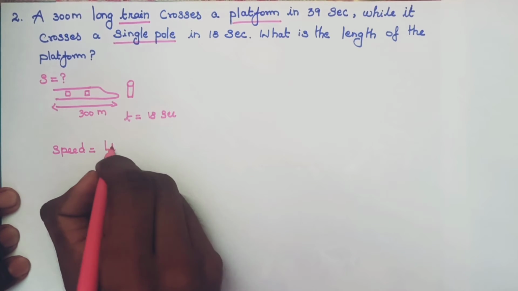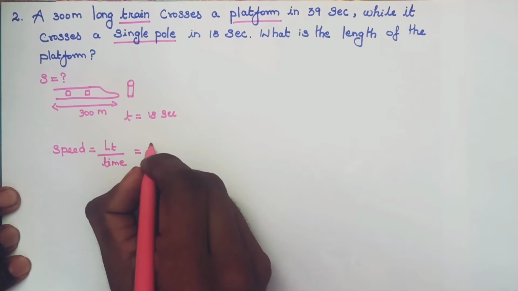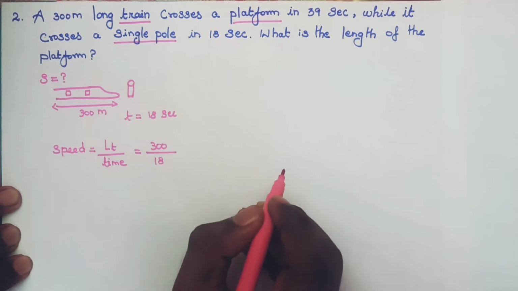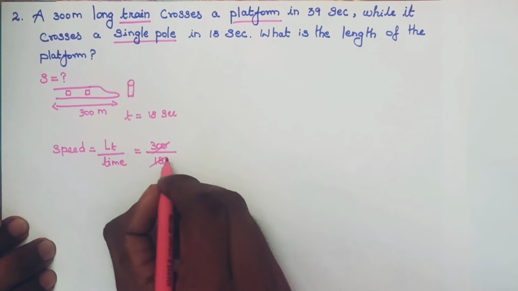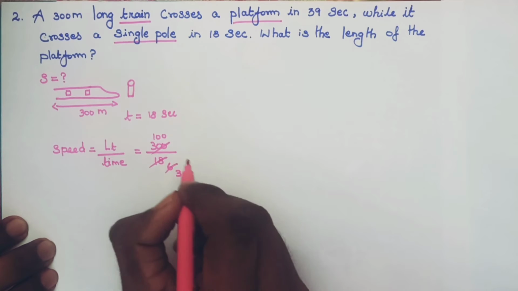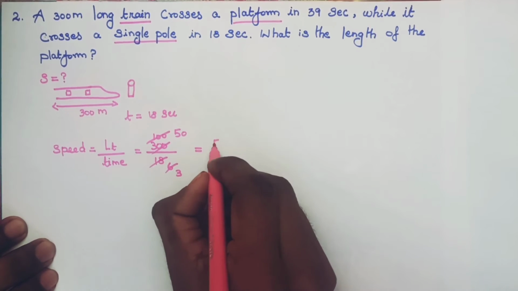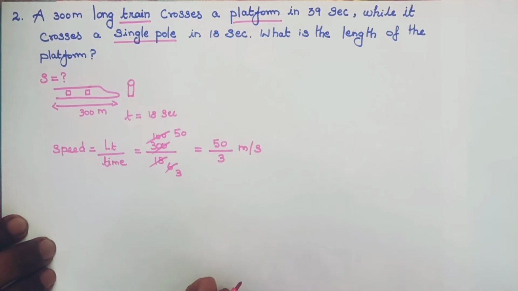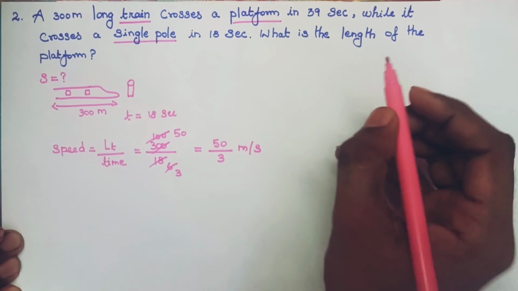Distance is the length of the train, so 300 meter divided by 18 seconds. Simplifying, 6 3s are 18, 3 2s are 6, 50 divided by 3 meter per second. We have found the speed of the train using the point method.